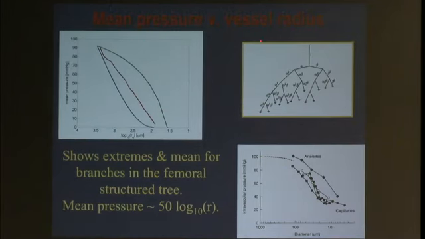And the green and blue lines show the extrema. So if this is a vascular tree, then one is going down this branch and one is going down the other branch. But what we're interested in is the average. So we get the same sort of behavior and we're able to estimate how the mean pressure drops off. So that was very reassuring and useful for soft tissue modeling.